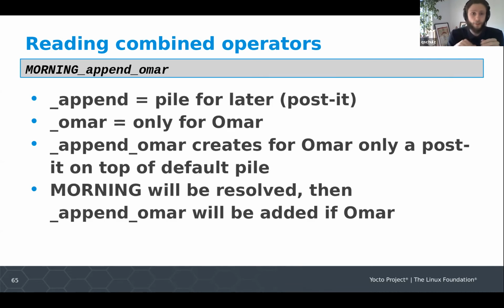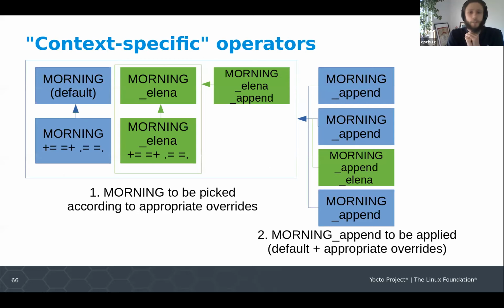It means that underscore append underscore omar is just a way to create a post-it only for omar, to be applied on top of the resolved variable. And you're going to see an example with blocks just a little bit later. Morning will be first resolved, then underscore append underscore omar will be added only if the user is omar. So that's basically what's happening, right?